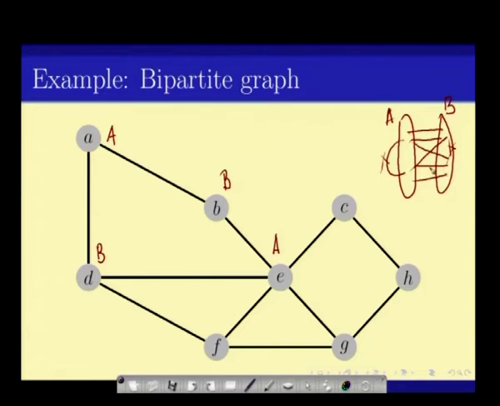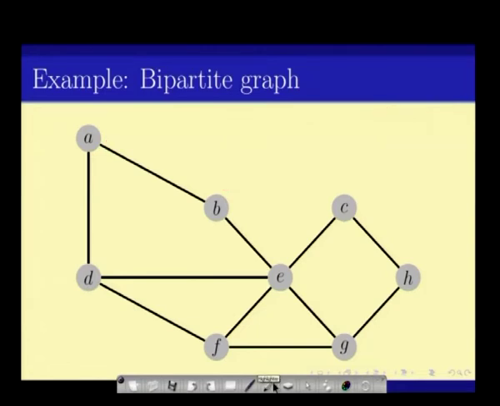The edges must go only between A and B. For example, if I just remove this edge EF, then we get a bipartite graph. How? Here I have colored this graph into two colors. You can think of the blue color going to A and the red color going to B, and note that there exist only edges between vertices of blue color and vertices of red color, and there is no edge between two vertices of blue color or two vertices of red color.